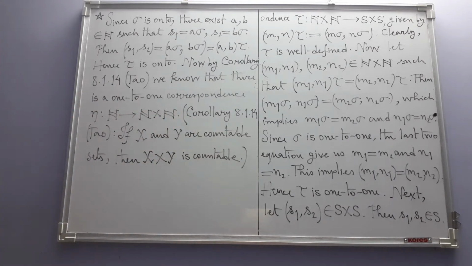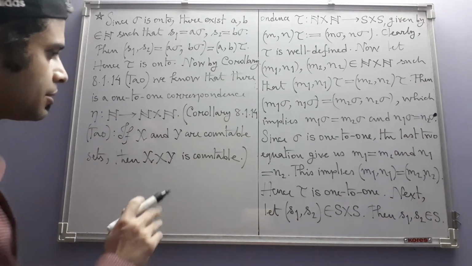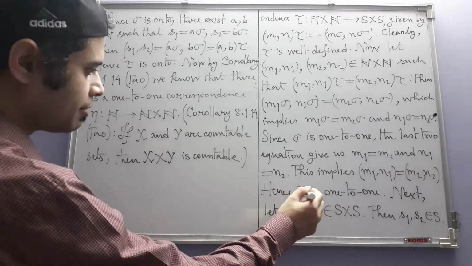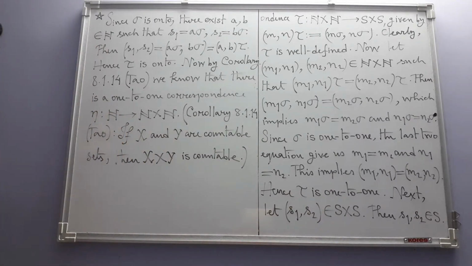Okay, so now we can use these three things because we have sigma, we have tau, and we have this eta.